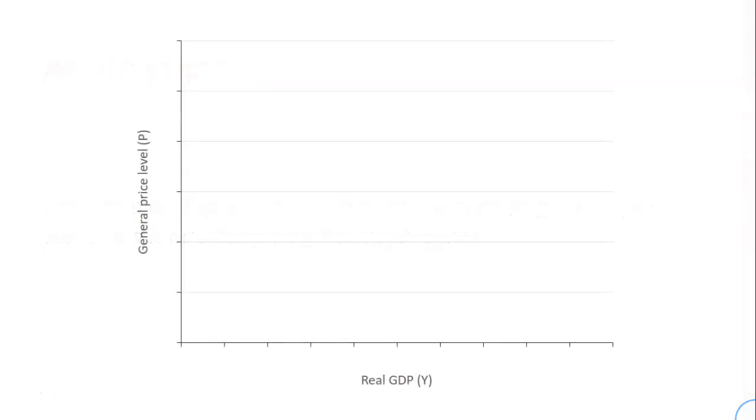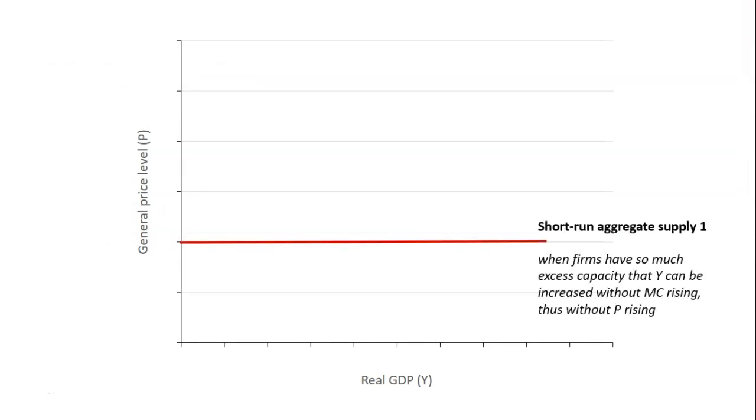We can actually draw two types of aggregate supply curve for the short run if we wanted to. One is a horizontal aggregate supply curve, and this would be a fair representation when, for example, in a recession where there's mass unemployment, there's a lot of idle resources.